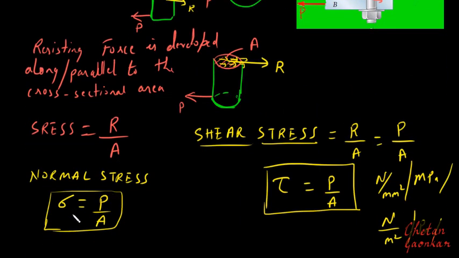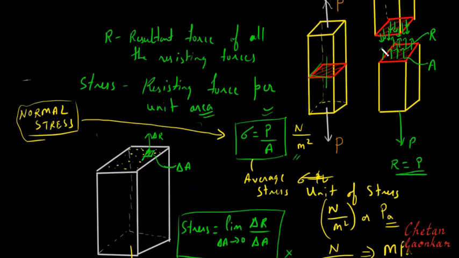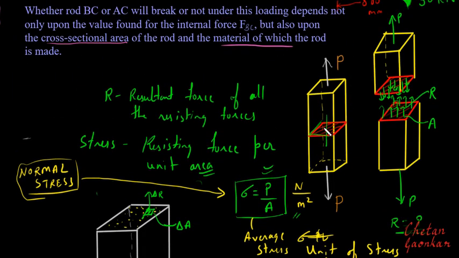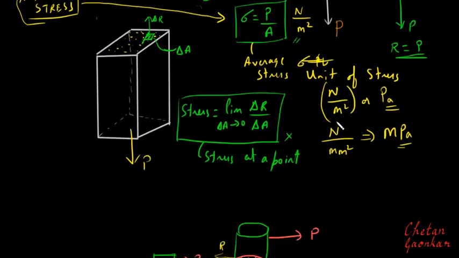Normal stresses are developed to resist the tensile forces or to resist the compressive forces, basically to resist the axial forces. Now if I try to apply the force in this direction, this kind of forces are called as tensile forces, wherein it is trying to pull this object or it is trying to pull this material.